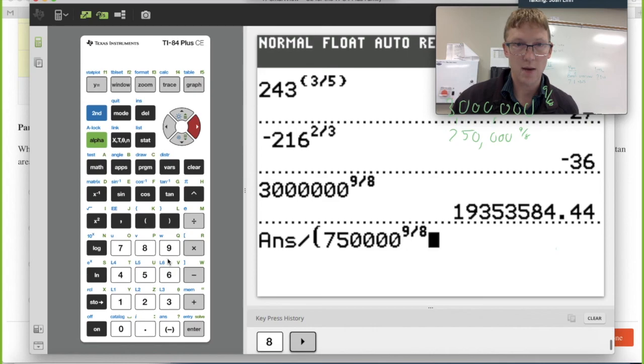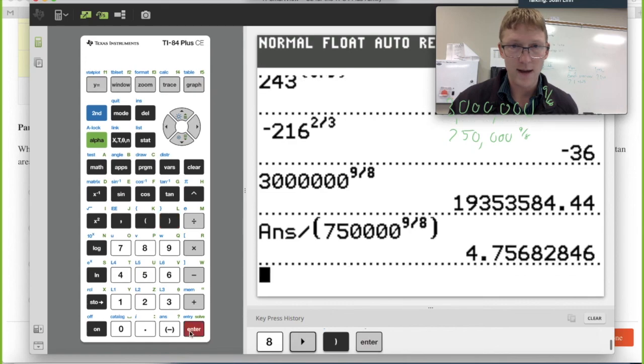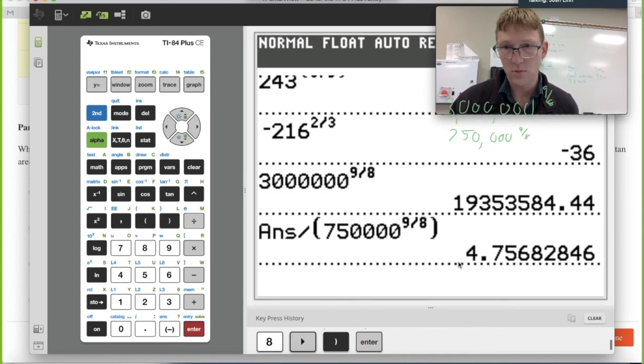Then we want to get out of the power. This is just going to ensure that all of this happens inside the parentheses first, and then it's going to take the answer divided by that answer, and then we will have 4.76. So we're going to write that down.